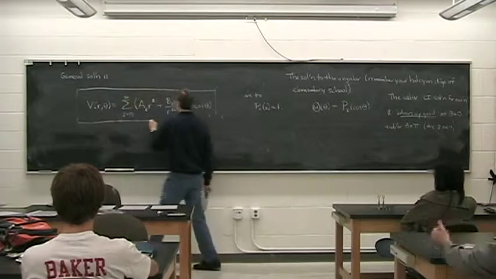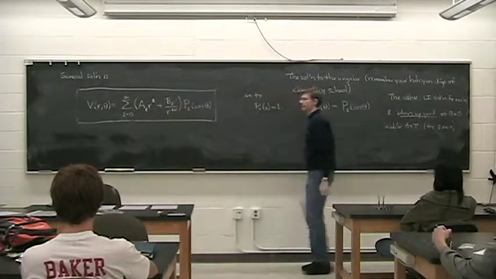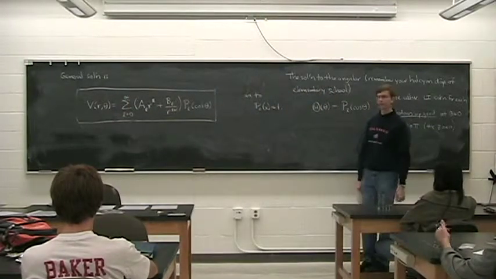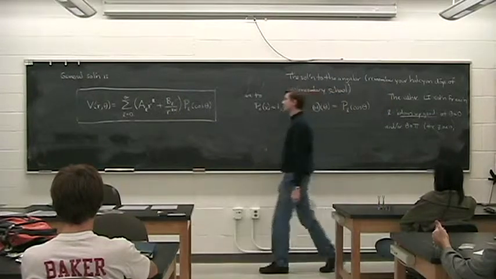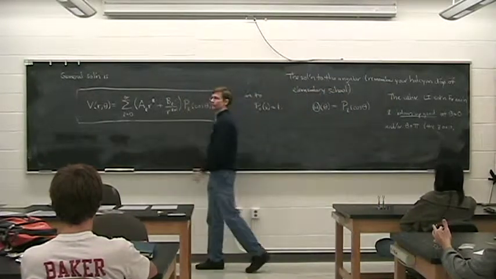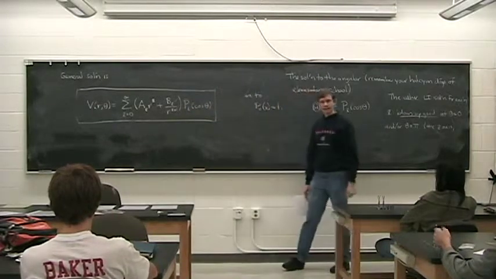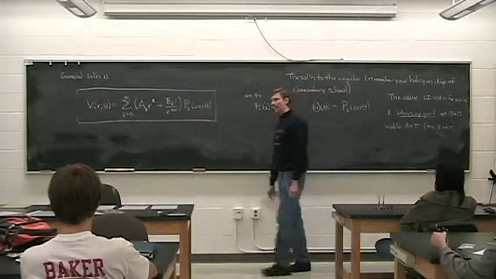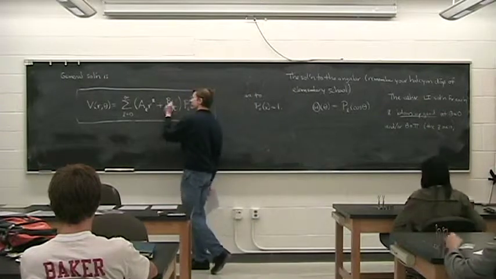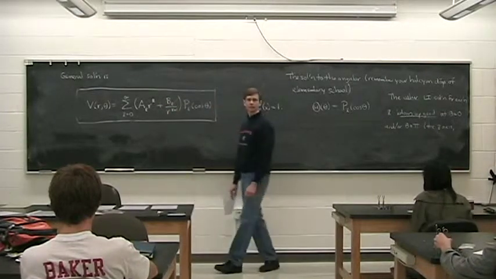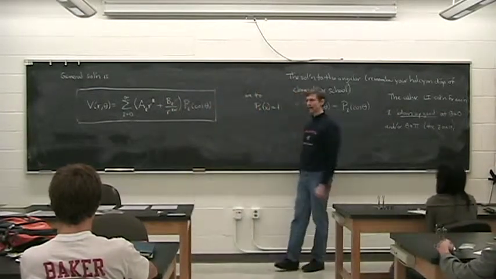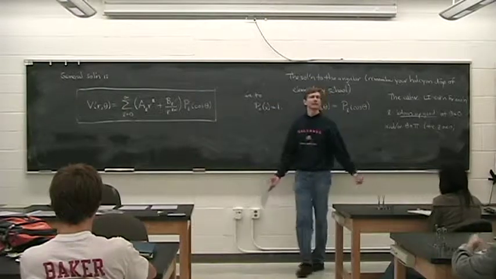Once again, we've written our solution as an infinite series of separable solutions. Here's the R of r term, here's the Theta of theta term, and in general, some of the boundary conditions will allow coefficients to fall away for us, and then we're going to have to do a sum in order to fit some boundary condition.